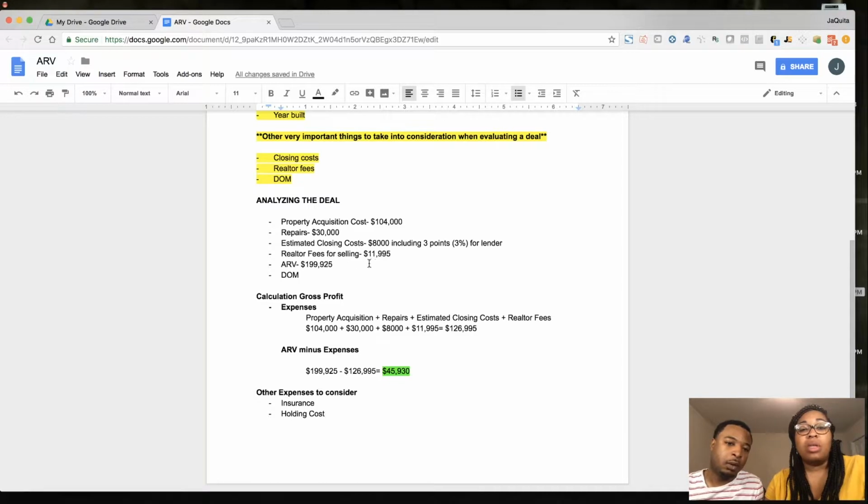Okay, so realty fees is something else we take a look at when we're analyzing the deal, because we want to know how much will be coming out of that bottom line number when we're looking at how much we're going to be making. And for this particular one, it's about $12,000, when you're looking at the amount you'll be selling for, which is the ARV.